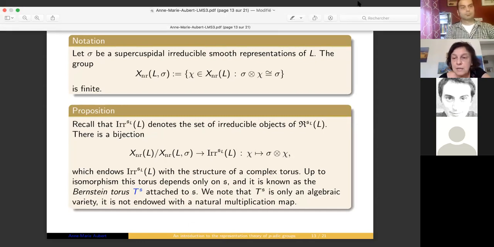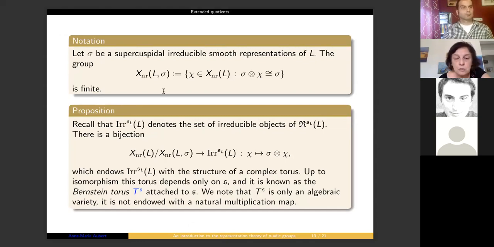Now for the last part of the talk, I will try to link the theory of Bernstein decomposition to K-theory and non-commutative geometry. And for this, I will need the following notions.